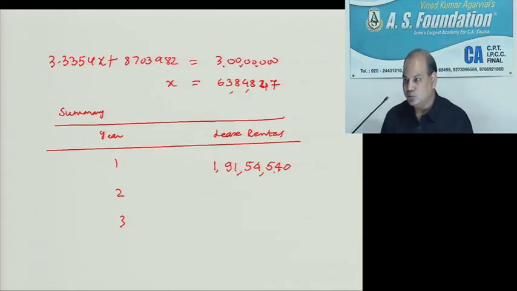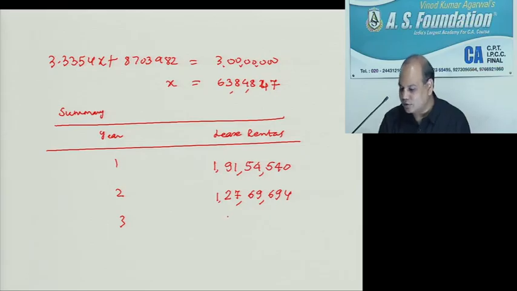Then 2x: memory recall multiply by 2, 1 crore 27 lakh 69,694. Right, okay, very good. And x is 63,84,847.